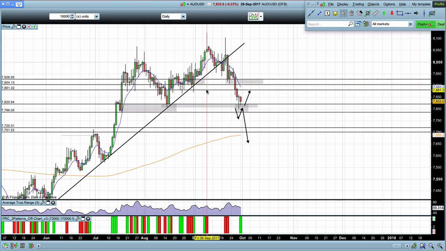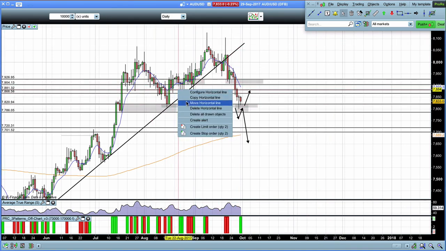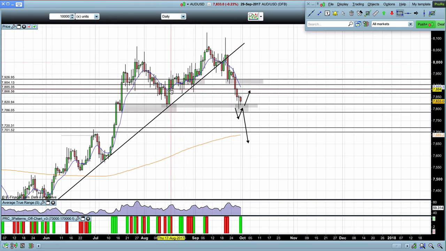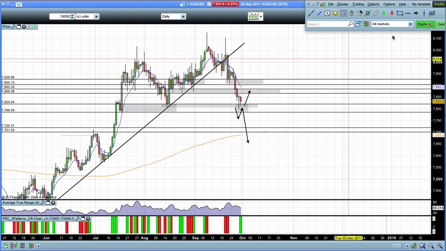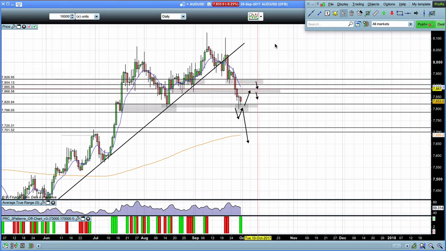And as we start to come down, let's just move this up. Around about 7,885 to 7,865, worthwhile looking for resistance.